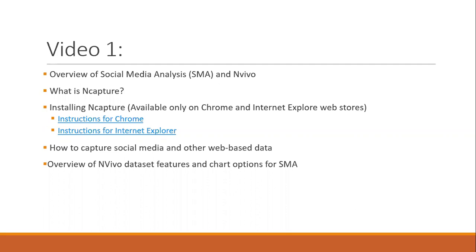You can select web page PDF for web pages such as LinkedIn, entire PDF for online PDFs, and post as data sets for public Facebook pages and groups, and public Twitter posts. But you'll have to provide a source name, a description, and then just click capture. And the same thing, you can code it to an existing node or a new node before clicking capture in case you wanted to code that data as a node in NVivo.